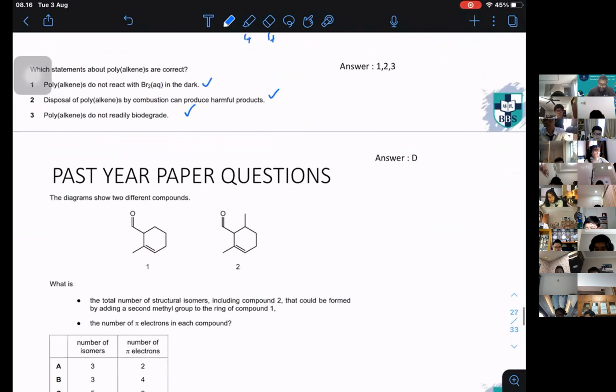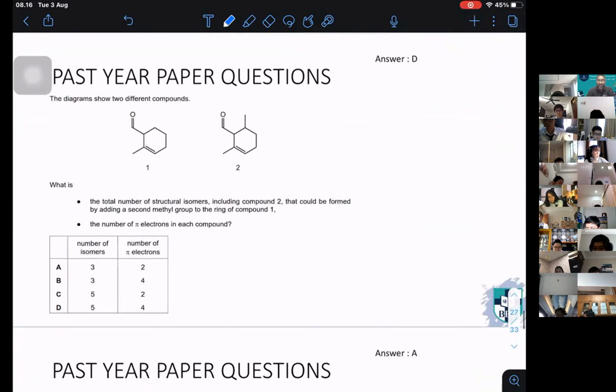The next question, I think I went through this in the class. They put the CH3 here, one of the isomers, but where can the CH3 come? If I put the CH3 over here, this is going to be another isomer, a position isomer. If I put the CH3 here, another isomer, I can put the CH3 here, another isomer, but I cannot put it here. Why? Because all the 4 bonds are taken, 1, 2, 3, 4.